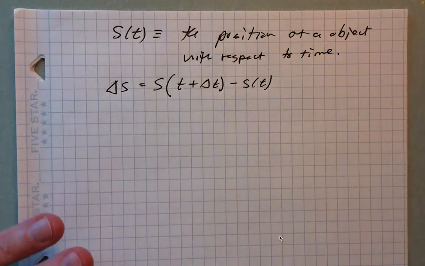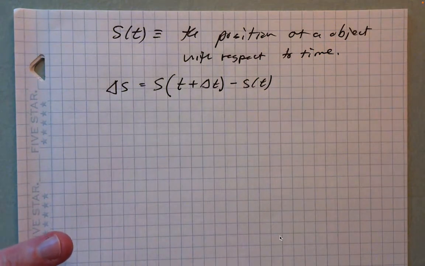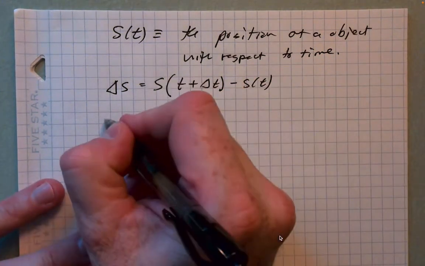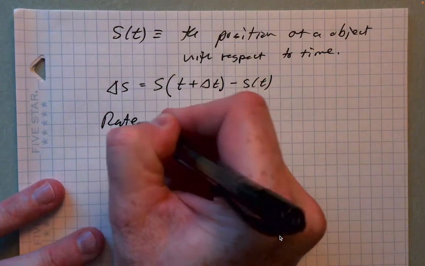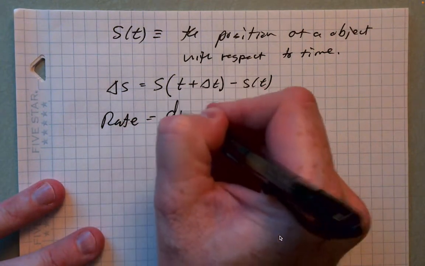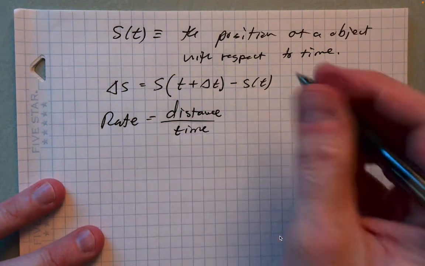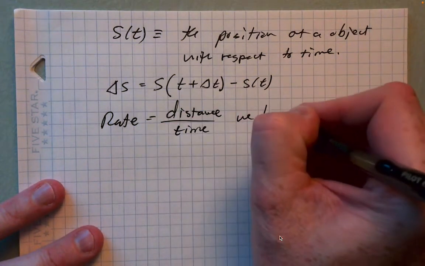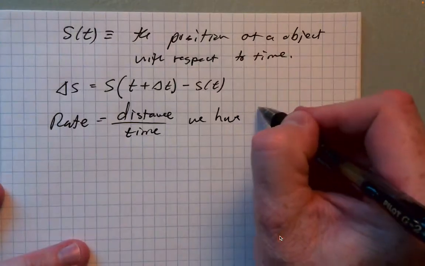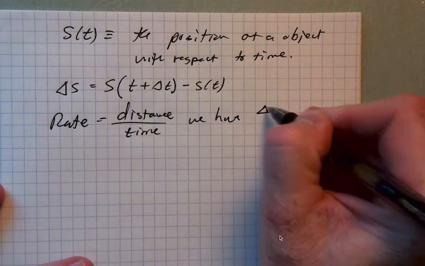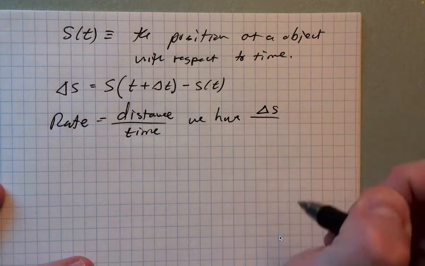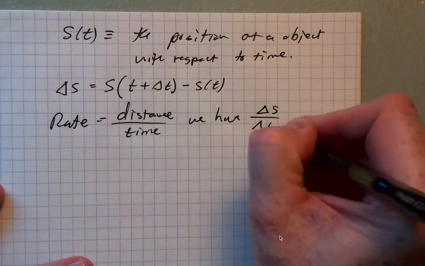Then we can use the formula rate equals distance divided by time. And from this we would have the change in distance, the change in position, divided by the change in time.